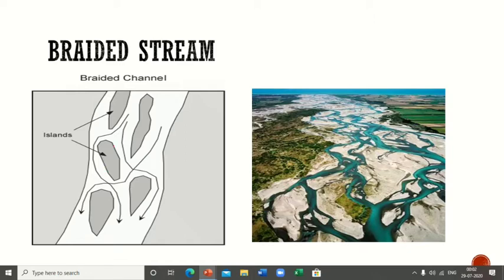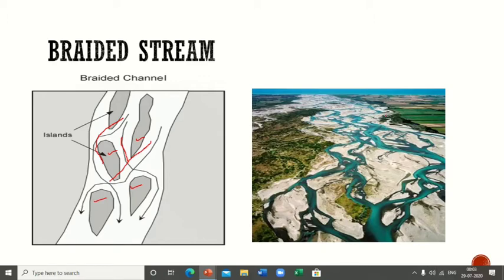What we see are deposits of sand, or you can say that within the channel the stream is divided into networks. You can see the picture of how the stream is divided into networks within the channel. Here we see deposition of bars of sand and islands. You can see the picture here also.